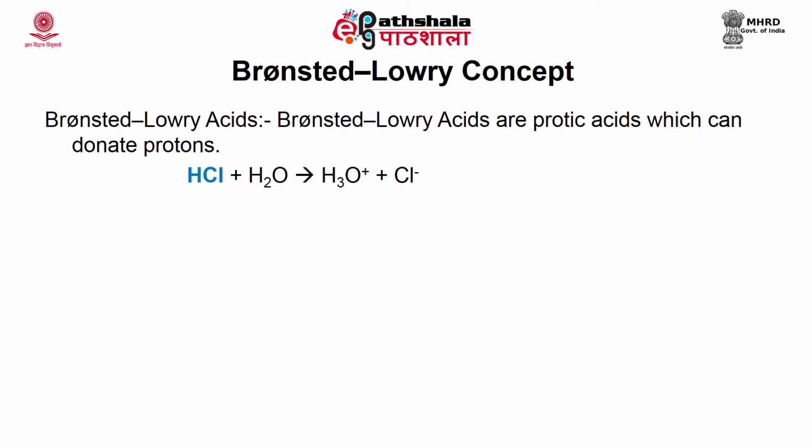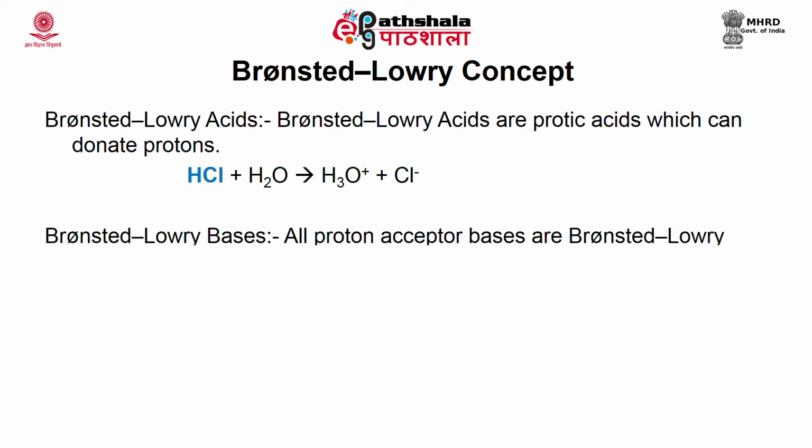That means all Arrhenius acids are Bronsted-Lowry acids, but Bronsted-Lowry bases are those which can accept a proton, or donate an electron pair, but they may or may not be proton donors. That means not all Arrhenius bases are Bronsted bases.